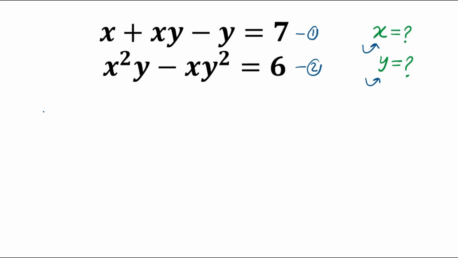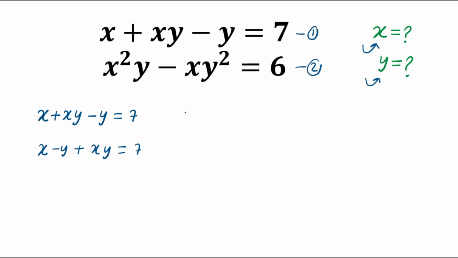Look carefully, equation number first is x + xy - y = 7. This expression is x - y + xy = 7.